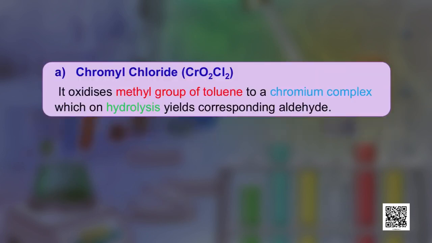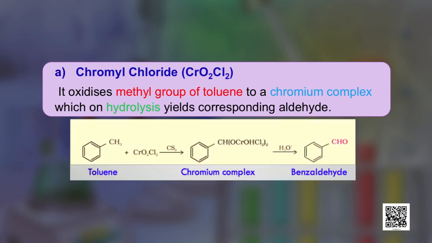We will first consider the reaction with chromyl chloride, that is CrO2Cl2. It oxidizes the methyl group of the toluene to a chromium complex, which on hydrolysis yields the corresponding aldehyde. You can see here the complex formed, and we get benzaldehyde as a product from the toluene.